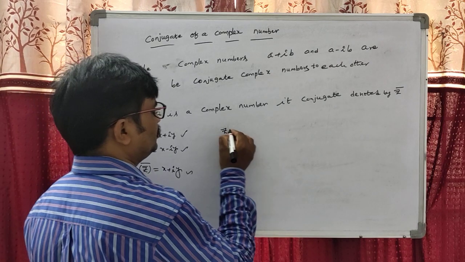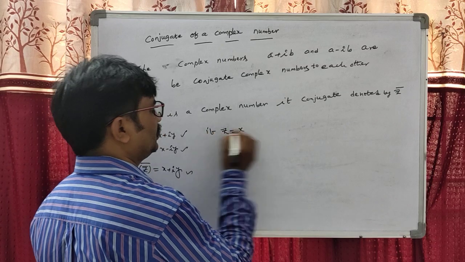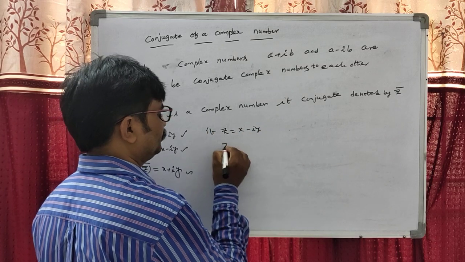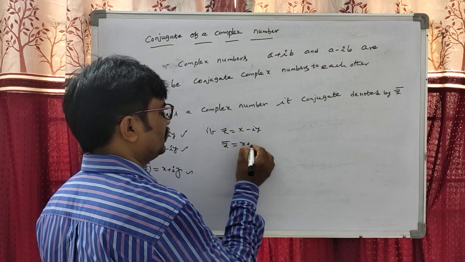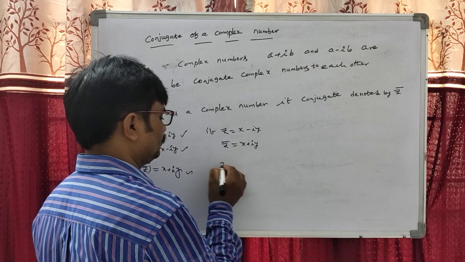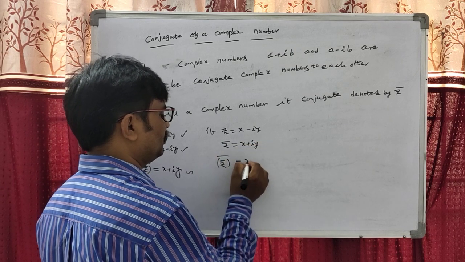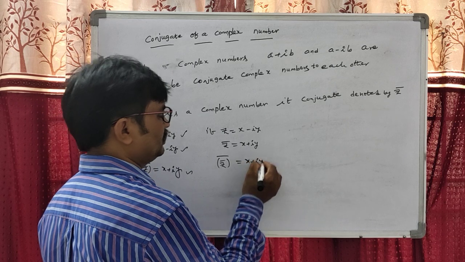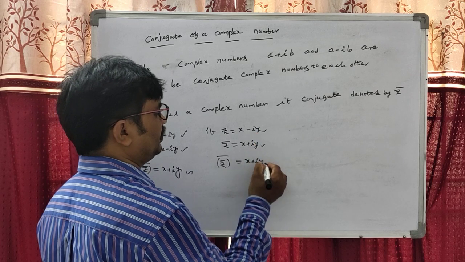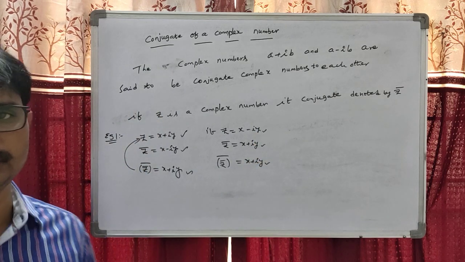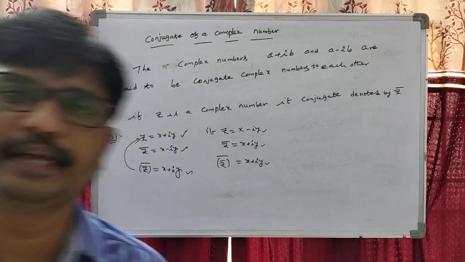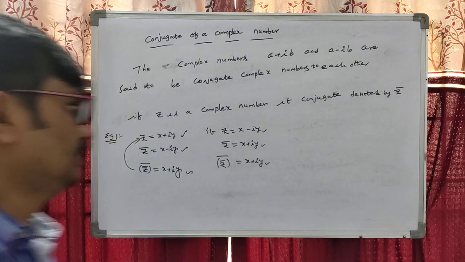Suppose we take z equal to x minus iy, z bar is x plus iy, and z bar whole bar is x minus iy. We have to take the opposite sign for the imaginary part.